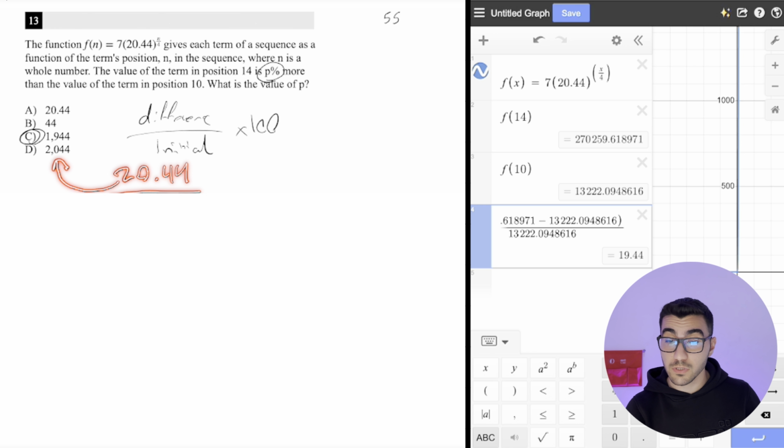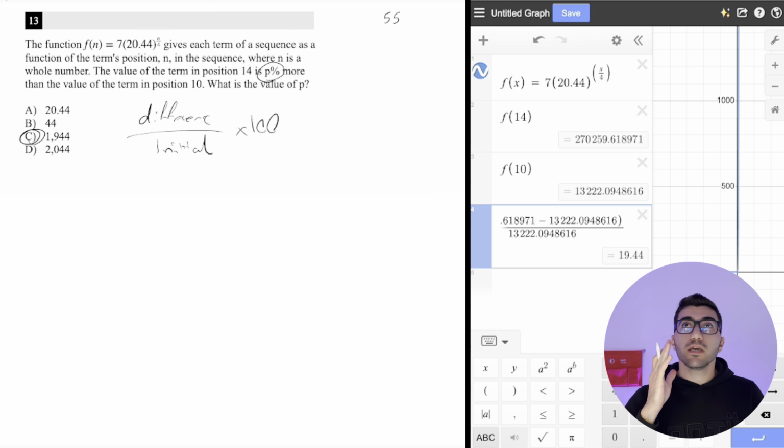If you've solved this question wrong and you got D, then the problem in your solution was you got this as a decimal. But when we say it's p% more than the value of something, let's say in the question we say x is 100% more than y, then that means x is 2 times that one, right?